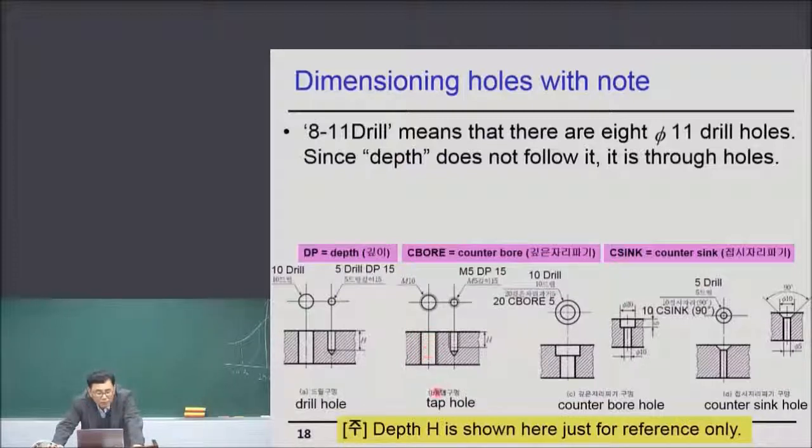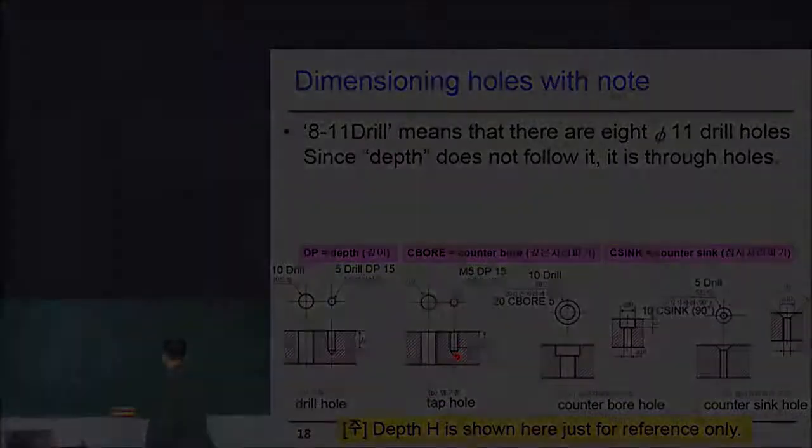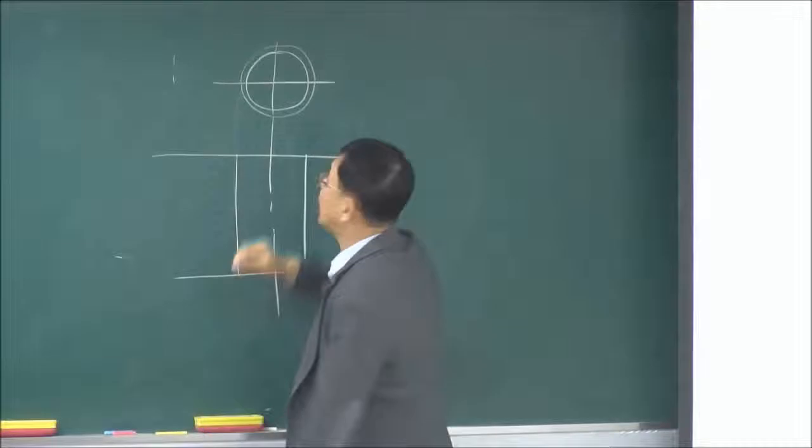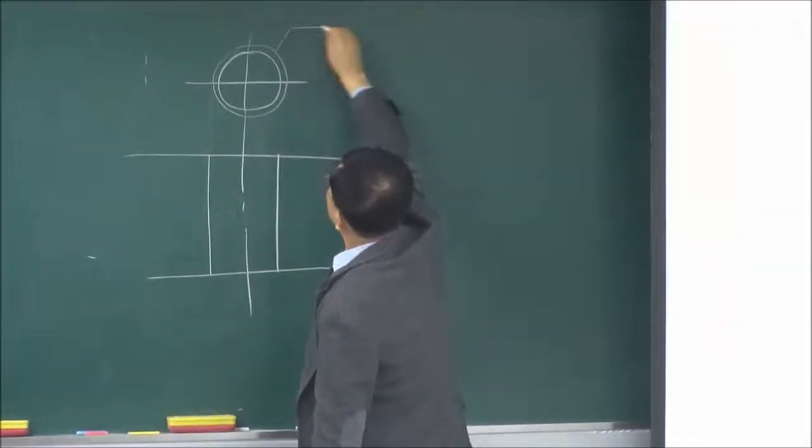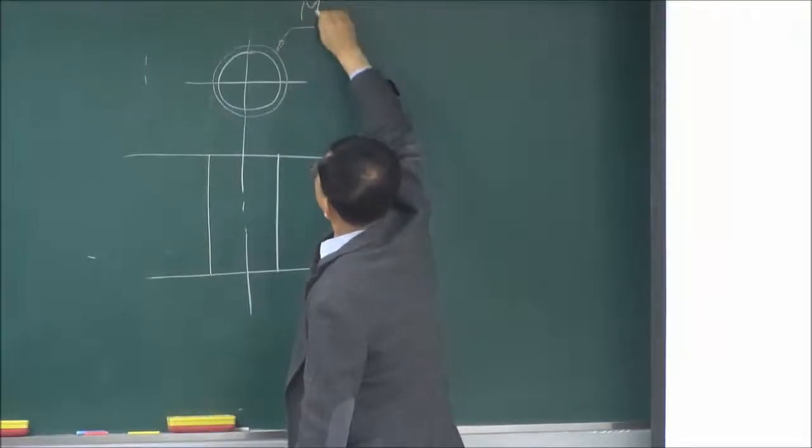Now these are tap holes. A tap hole has thread inside the hole. You may be confused here, so I will explain it using the blackboard. Now we say that this is M10.